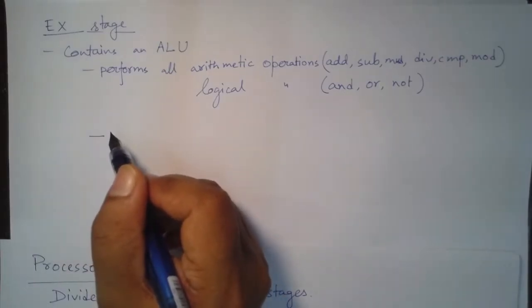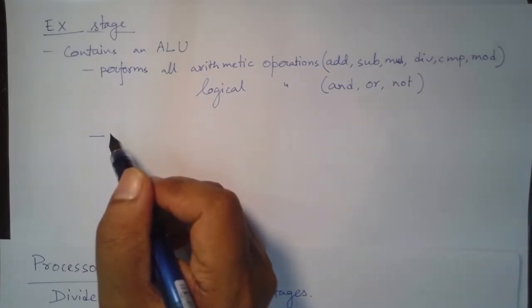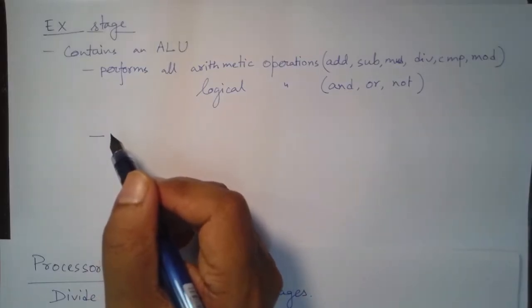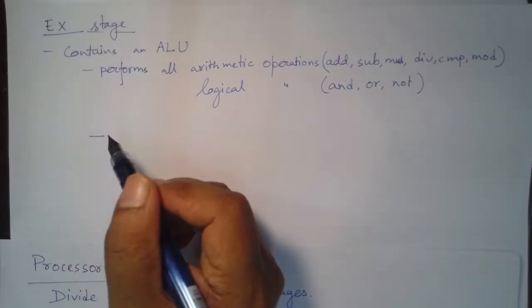That computation is also done in the ALU, because to check the condition you use a compare instruction, and depending on the outcome of the compare instruction, BEQ or BGT will update the appropriate flags, and that updation is also done at the ALU stage.